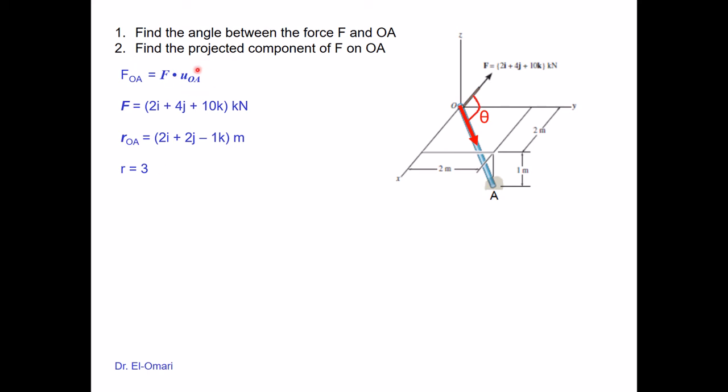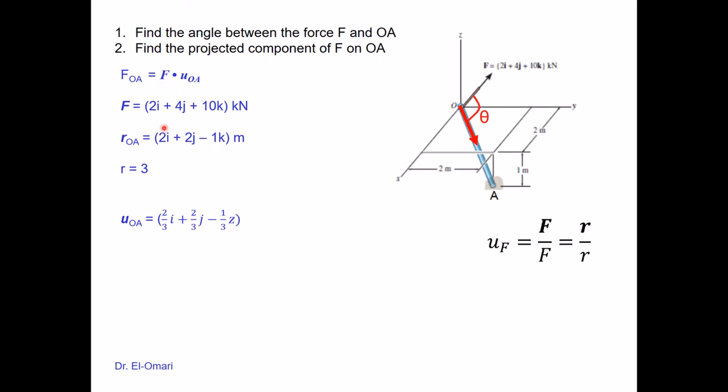Now we need to find the unit vector. The unit vector is given by the position vector over its magnitude, which means I need to find 2 divided by 3 for i, 2 divided by 3 for j, and negative 1 divided by 3 for k. This is the unit vector of the line OA.